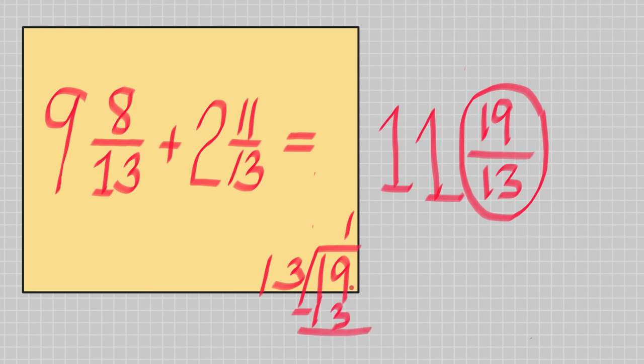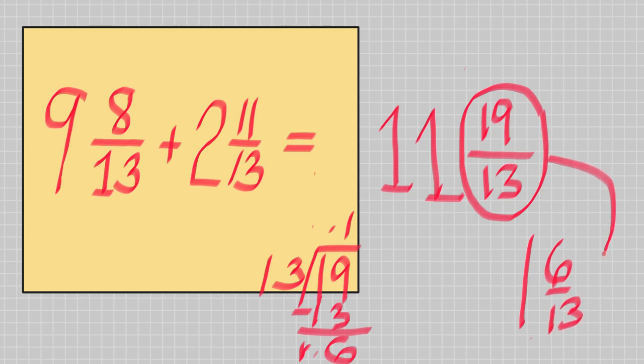Subtract, 19 minus 13 is 6. So the mixed number here is 1, the quotient, as the whole number. The remainder is 6, which will be the numerator. And simply copy the denominator, which is 13. So this is now the mixed number for 19 over 13.